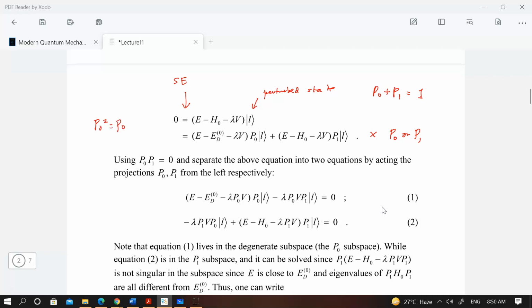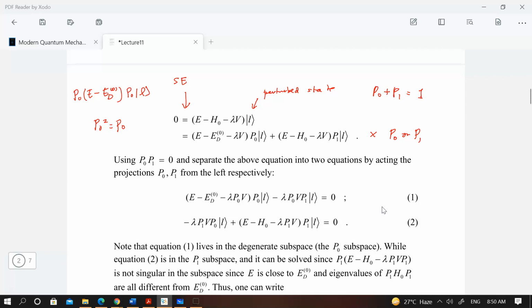So for the case of E minus E D naught, we have P naught L here, coming from this term.